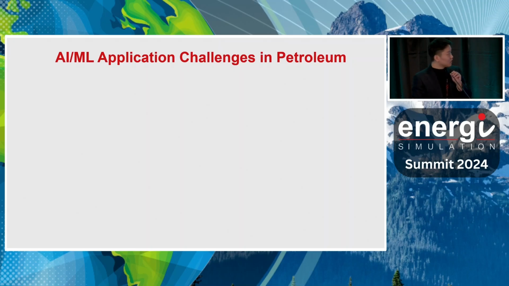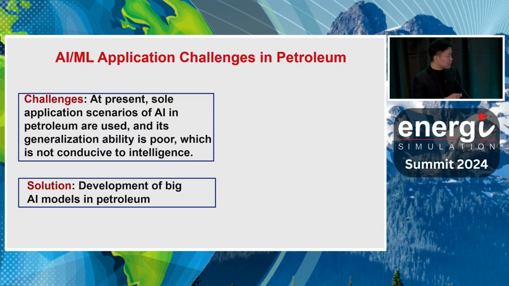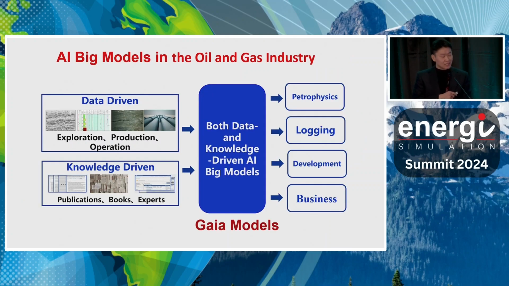It should be the poor generalization ability. And a wonderful solution is to generate a big AI model in this area by integrating the data, AI, and the knowledge. So I will further introduce another AI work on the GAIA models, which are both data and knowledge-driven AI big models.